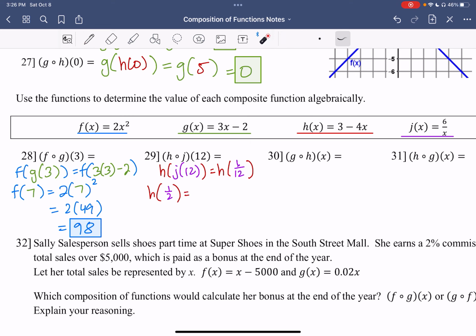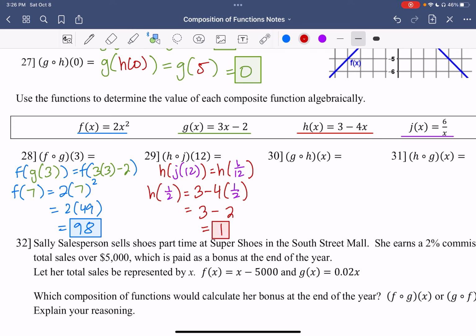So now you're going to put that 1/2 into the x value of h. So in here, you're going to put in a 1/2. So you're going to do 3 minus 4 times 1/2. Okay. And 4 times 1/2 is 2, and 3 minus 2 is 1.